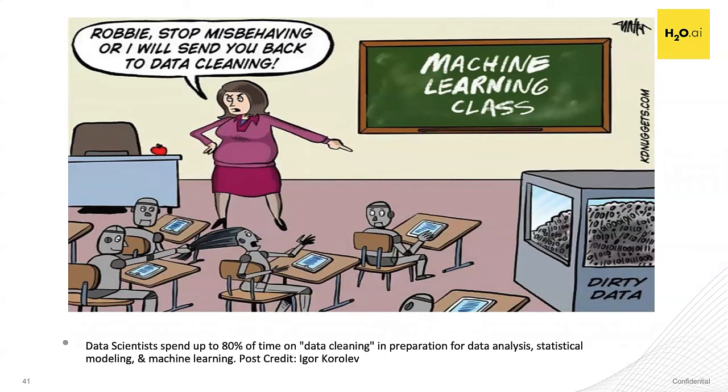And even though modeling and using the algorithms looks very nice and everybody wants to jump on the modeling part, you have to be sure that whatever you're feeding into your model is clean, it has been prepared, and it's good, because whatever you feed in there, you're going to get similar things as outputs.